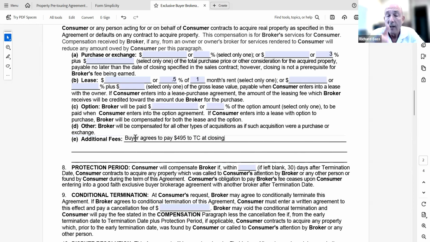You can actually put in, you're going to pay the transaction coordinator at closing. And that way it actually shows up as a separate line item on the closing statement.